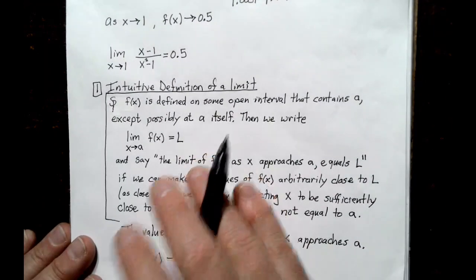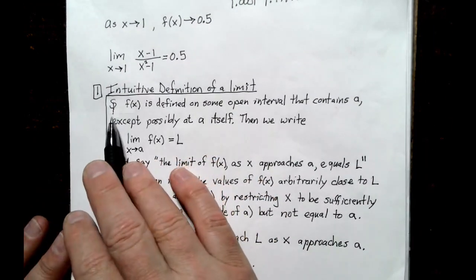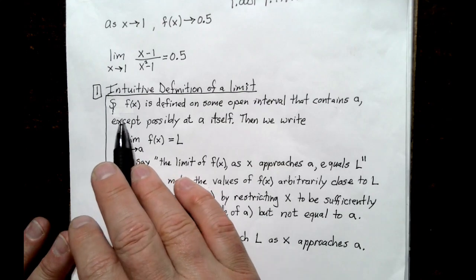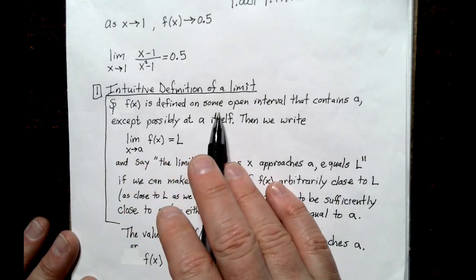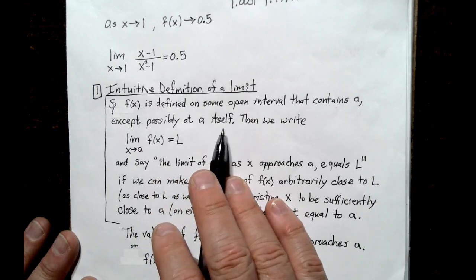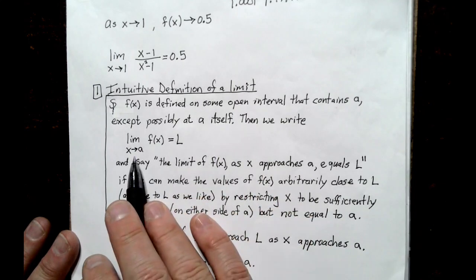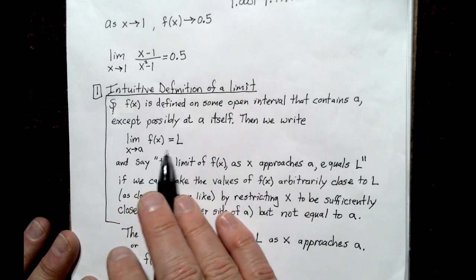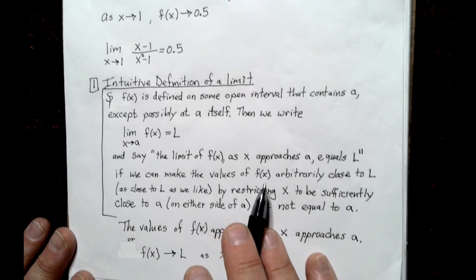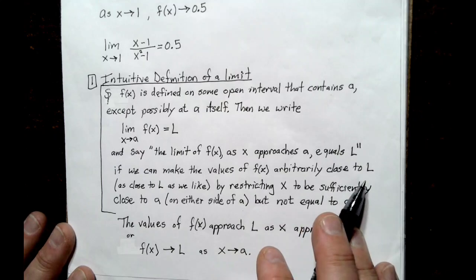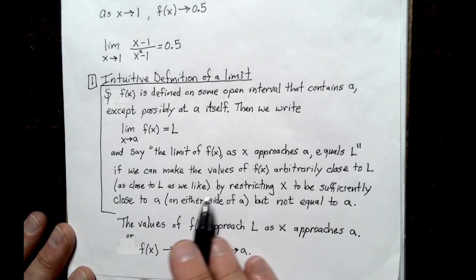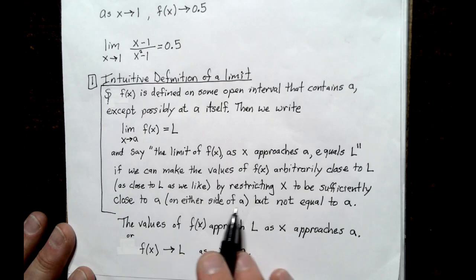So here's our definition of a limit. This abbreviation mathematically means suppose. Suppose f of x is defined on some open interval that contains a, except possibly at a itself. Then we write the limit as x approaches a of f of x equals L if we can make the values of f arbitrarily close to L, as close as we like, by restricting x to be sufficiently close to a, but not equal to a.